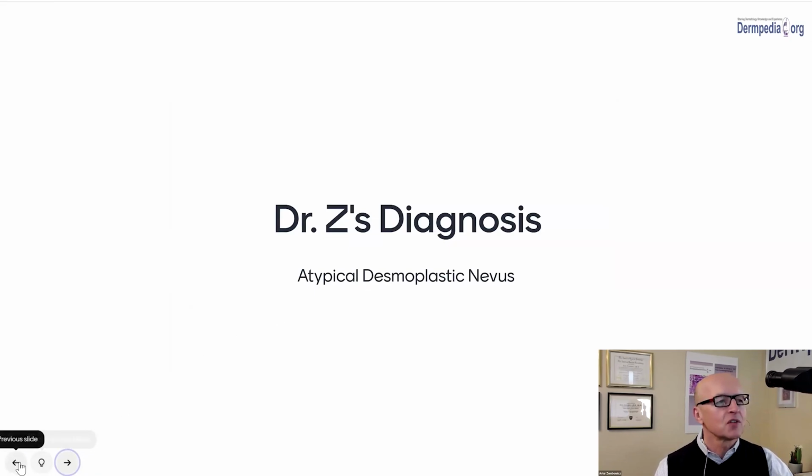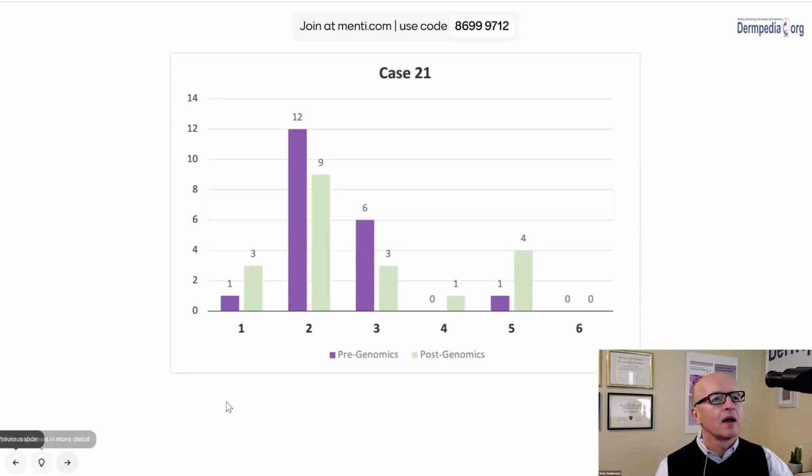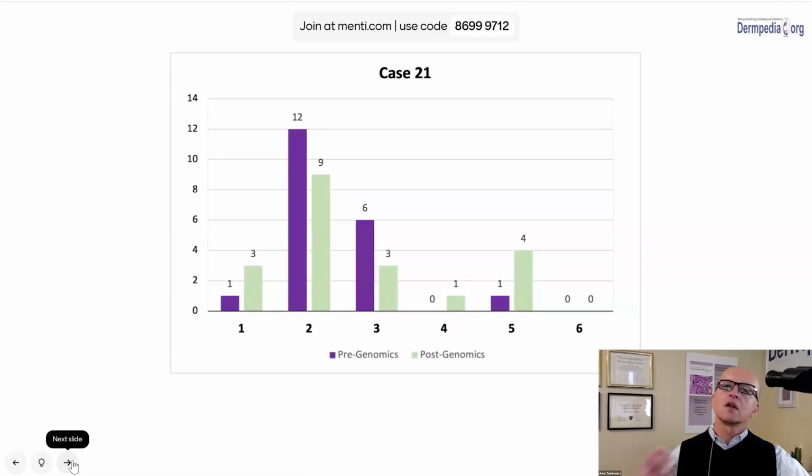One thing that was interesting about that particular case is the issue of NF1, because the NF1 gene is one that is associated with desmoplastic melanoma, right? We're going to be talking about interpreting the results of NF1 genetics in this particular context.